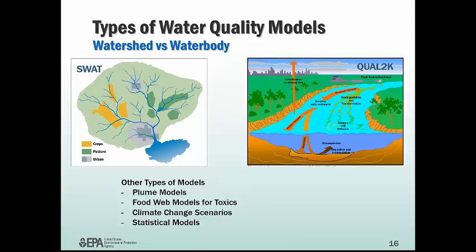Let's say you're looking at a food web model where you want to know about the accumulation of toxic materials within a tissue of individual organisms. Or maybe you're interested in some model that focuses in on climate and how climate will change in the future. And of course, there are statistical models that are also available.